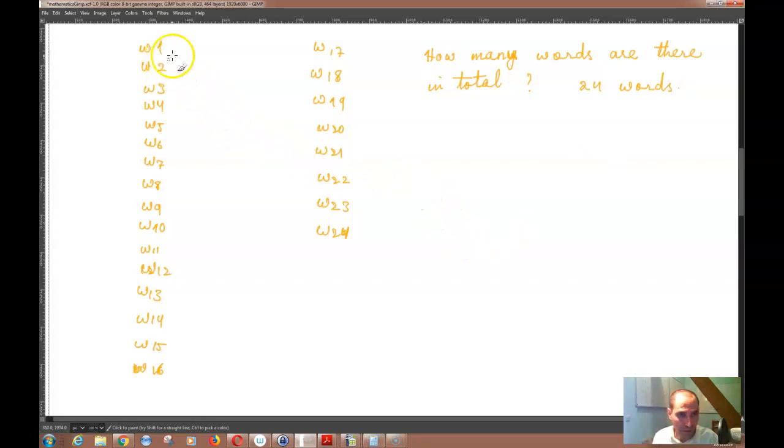Now, assuming that word 1 and word 2, if I were to treat them as one word, word 3 and word 4 as one word, word 5 and word 6 as one word, 7 and 8 as one word, and so on and so forth, and do the same thing over here, treat these as one word, these as one word, and so on.